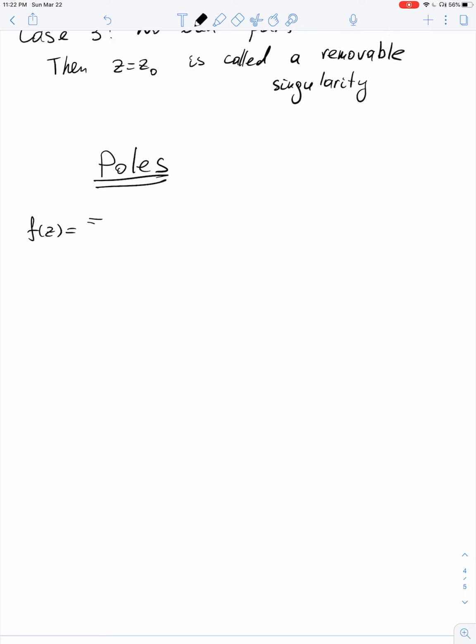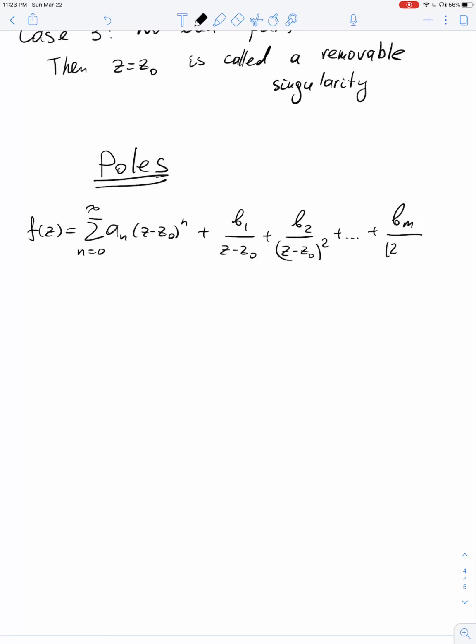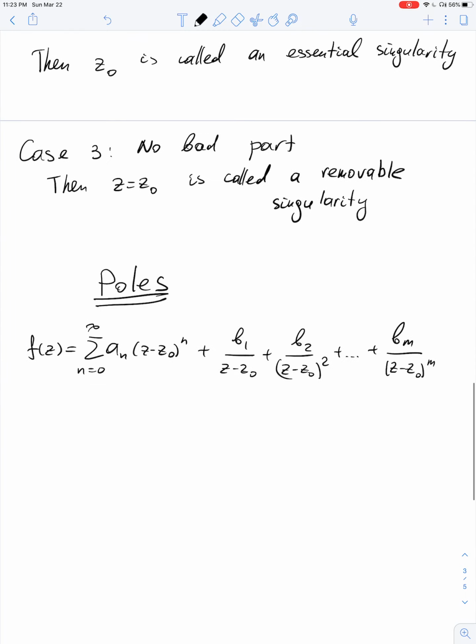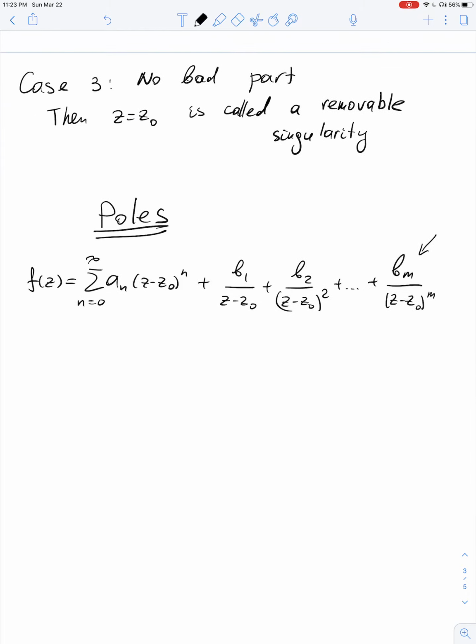So what does it mean that z0 is a pole? It means that f has the good part, the Taylor part, and then we have b1 over z minus z0 plus b2 over z minus z0 squared plus etc., and then we go all the way to power m, and then it stops. I should confess that I assume it stops at b_m, but if this term is 0, it doesn't hurt to write it.